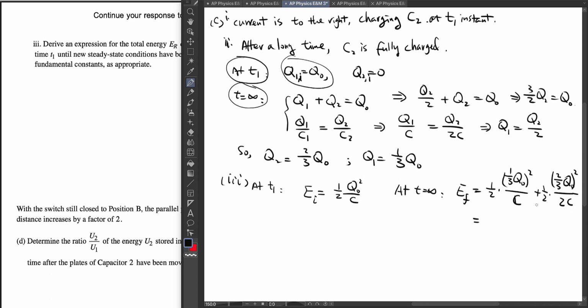Let's simplify this expression here. We do have 1/9 and then multiply 1/2, so that's 1/18. For the second term, this one is 4/9, and then there's another 4 here, so that's 1/9.